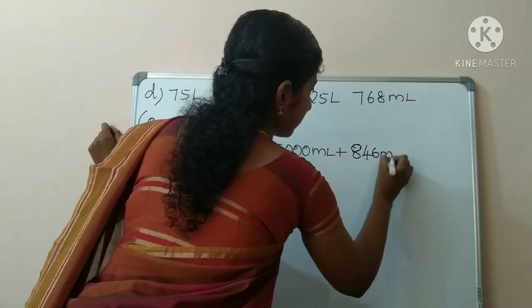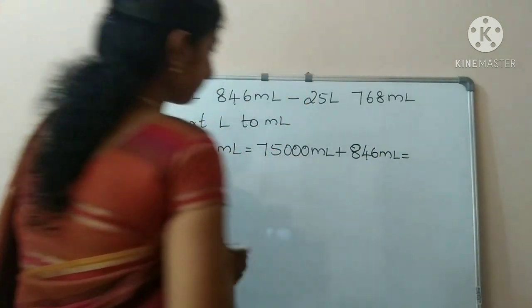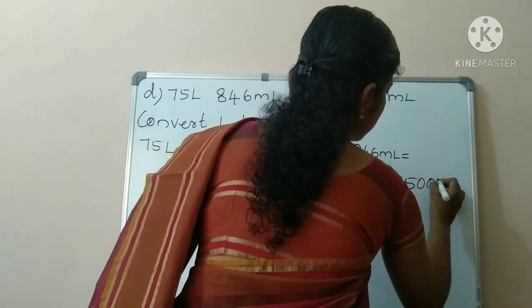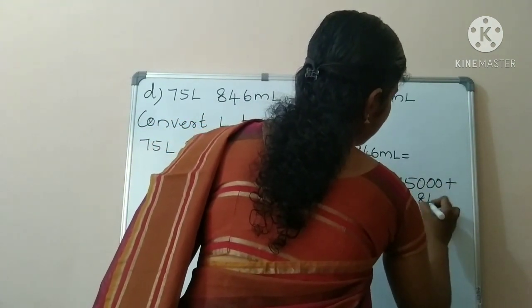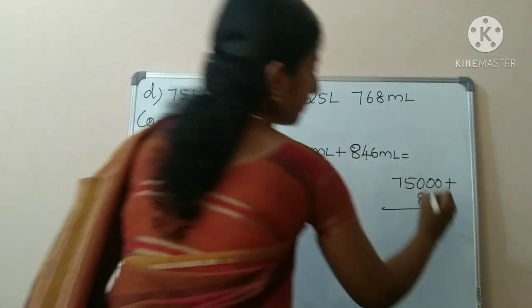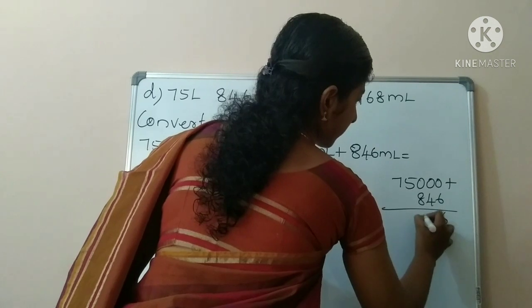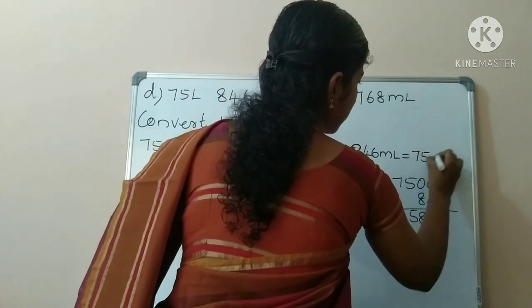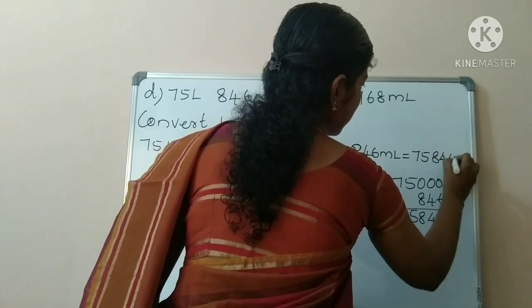Directly write 846 milliliter is equal to 75,000 plus 846 milliliter, which is 75,846 milliliter.